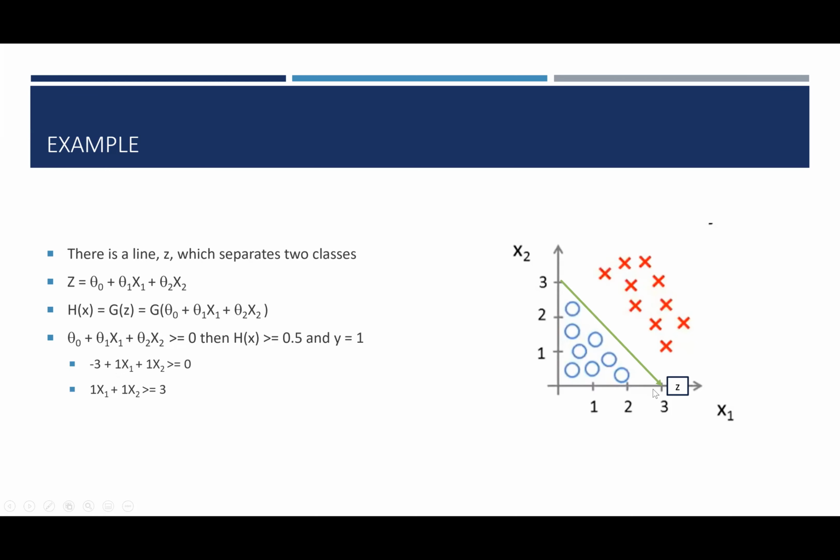So for example, here's 3 for x1 and 3 for x2, and you can see that its value would be over here, separated by in this class. Whereas if it's 1 plus 1, that's less than 3, so therefore it's the other negative class.